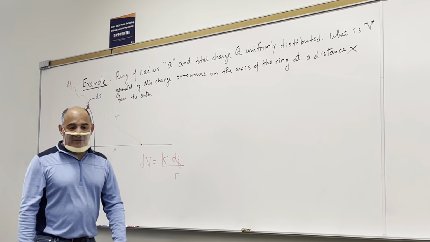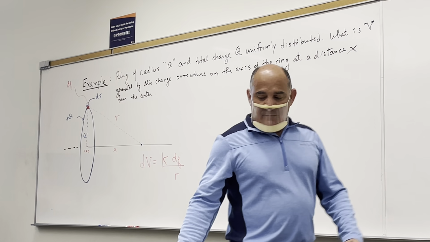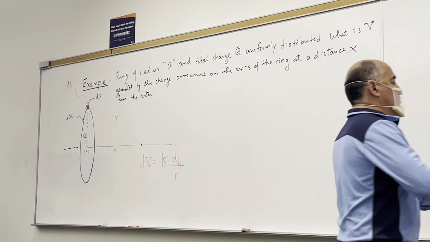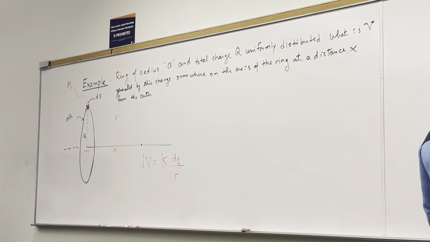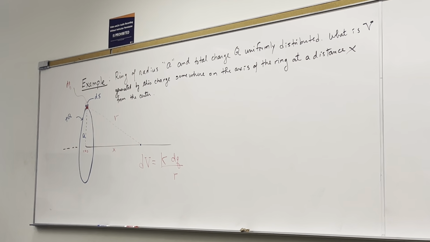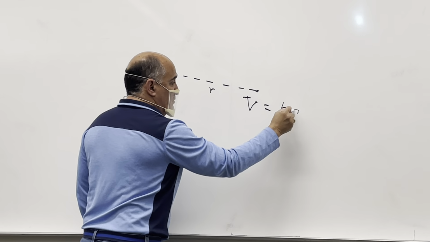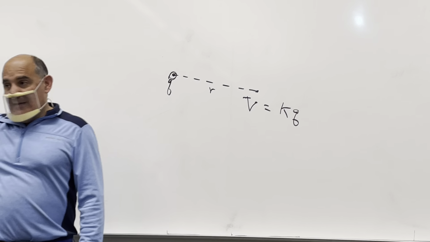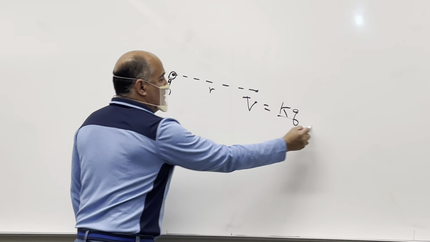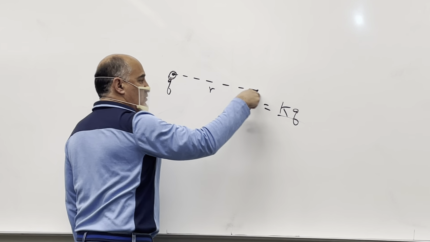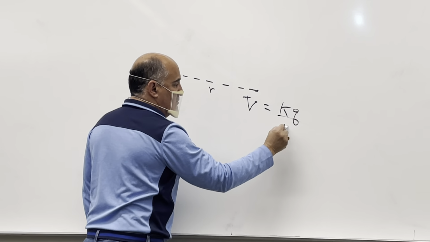If I have a point charge q here and I want to know the electric potential here, that would be k, the constant, times the charge q, divided by the distance from the charge to where you're calculating the potential, which is r. In this case, the charge is dq.